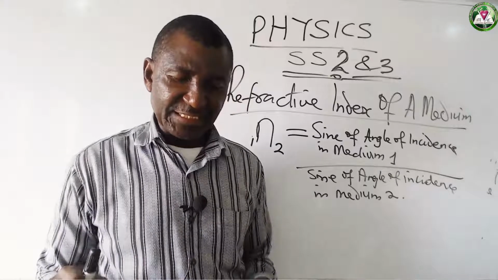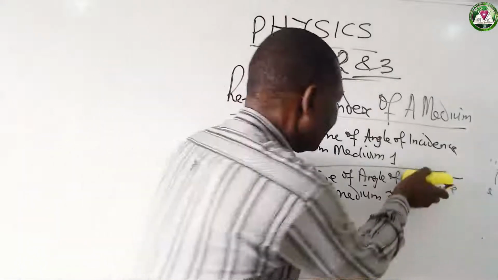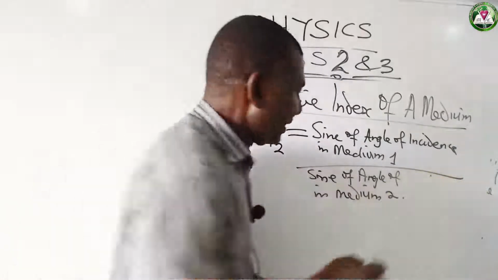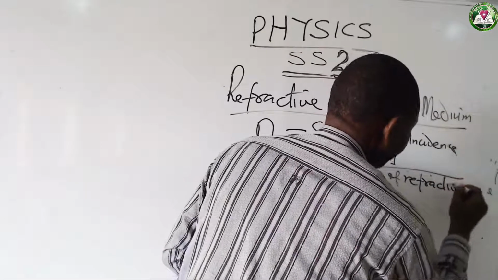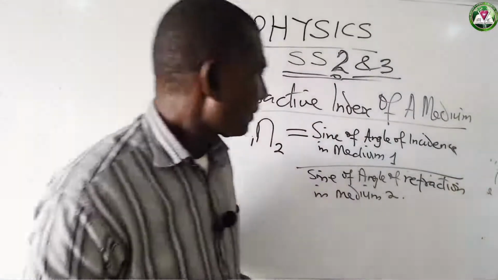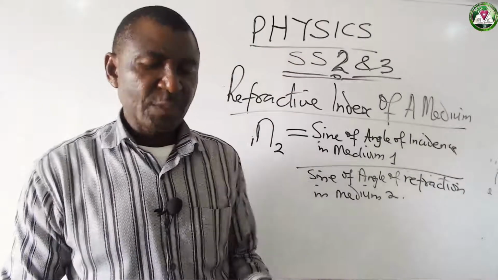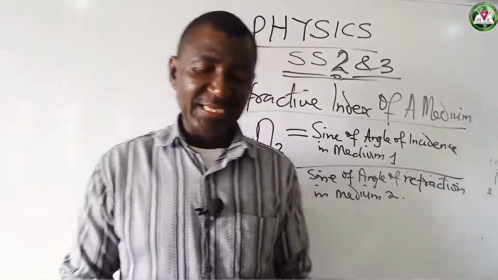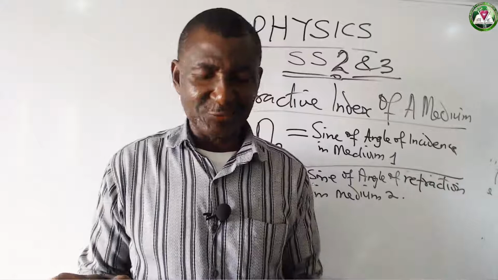That will give you sine I all over sine R. Sorry, not sine of incidence again, sine of refraction in medium 2.